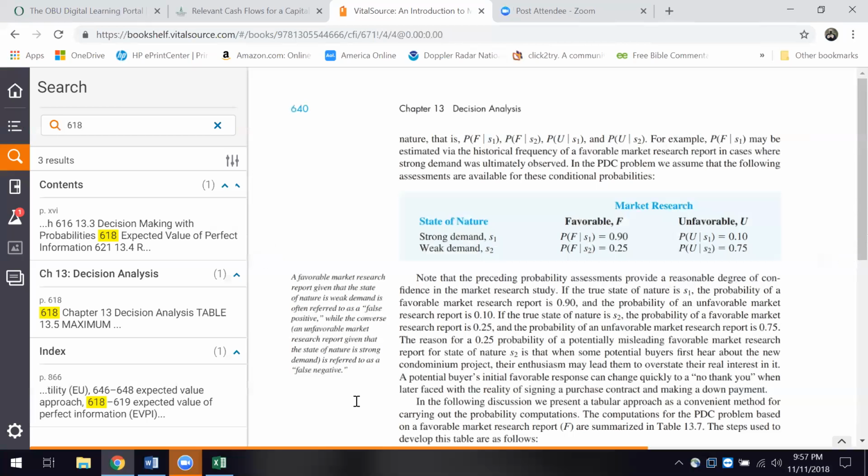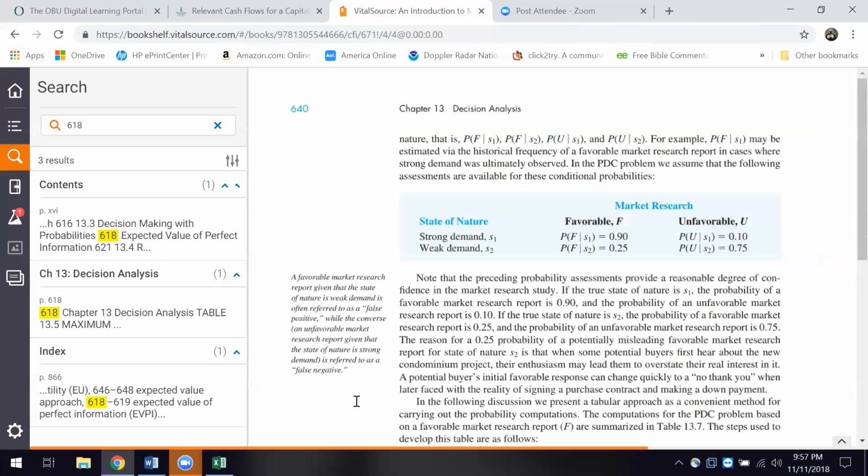It says a favorable market research report given the state of nature is weak demand is often referred to as a false positive, while the converse, an unfavorable market research report given that the state of nature is strong demand, is referred to as a false negative.